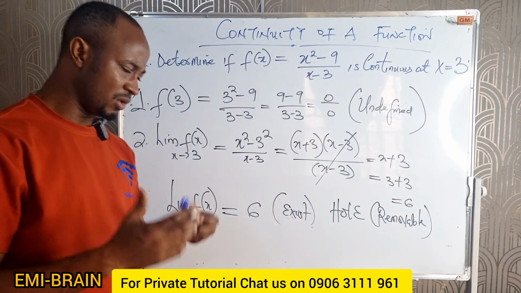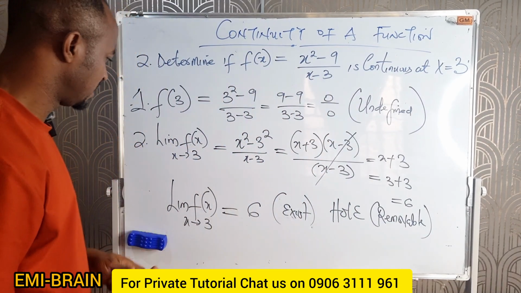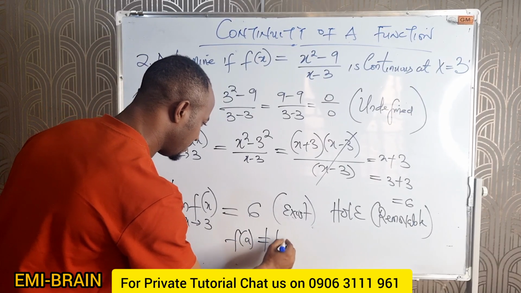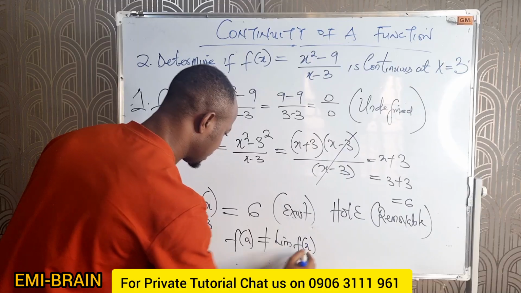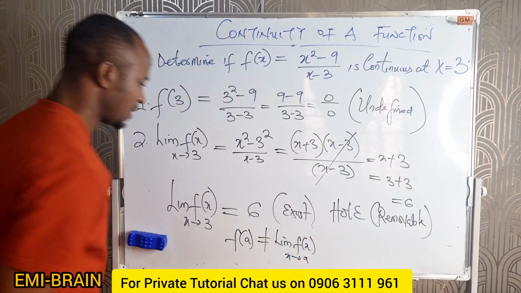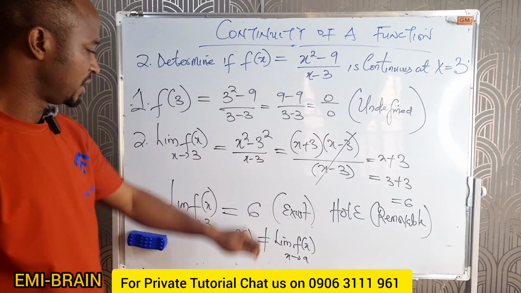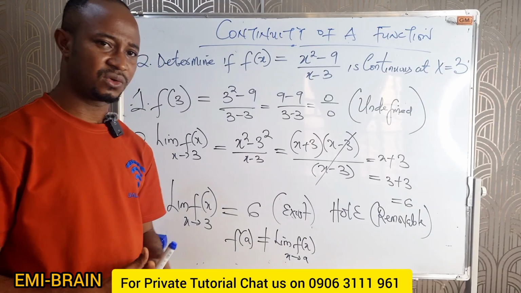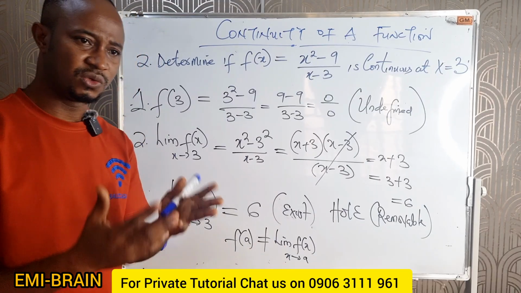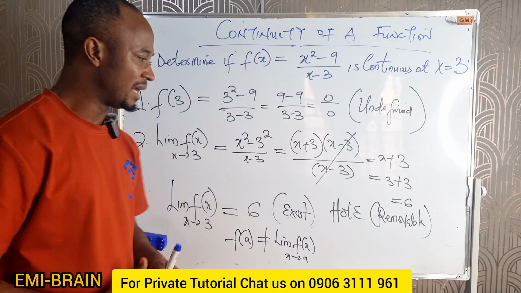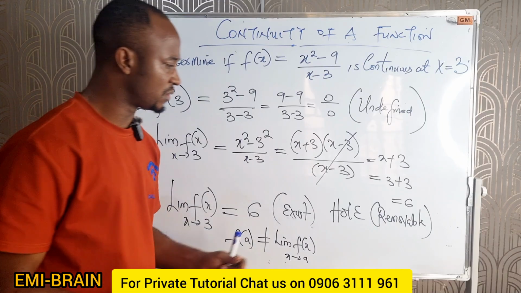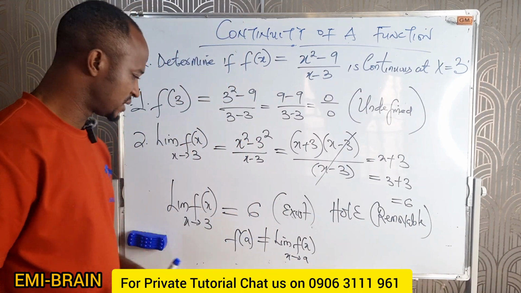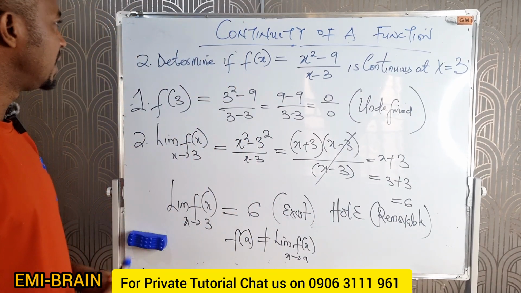A hole discontinuity is when f of a is not equal to the limit of f of x as x approaches a. When that happens, the function is not continuous; it is called a discontinuous function, and that kind of discontinuity is called a hole or removable discontinuity. Let's see another example.